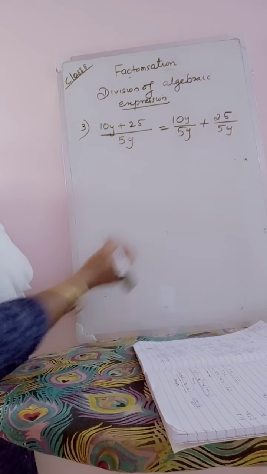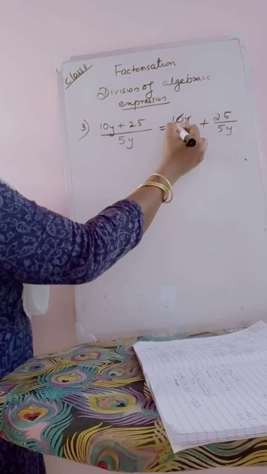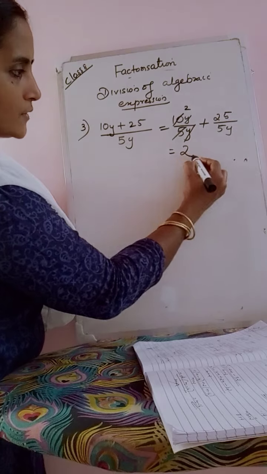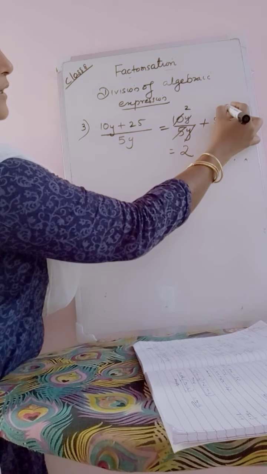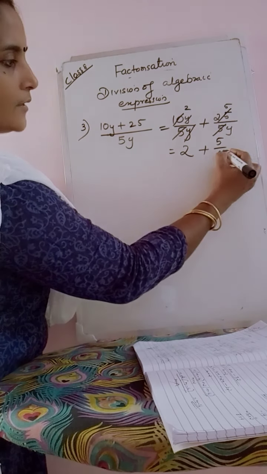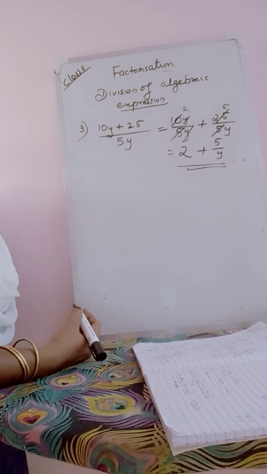Okay. Here we can cancel this y and y. Then 5 cancels with the 10, 2 lies in the numerator. So the first term becomes 2. And here 5 and 25 cancel 5. So 5 divided by y. This is the final answer.